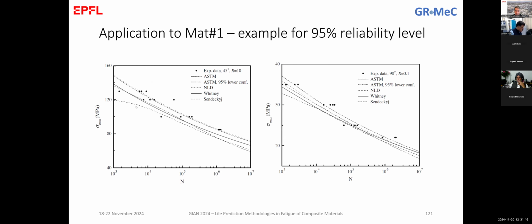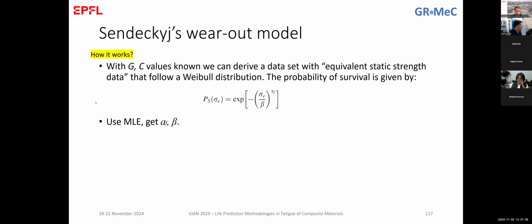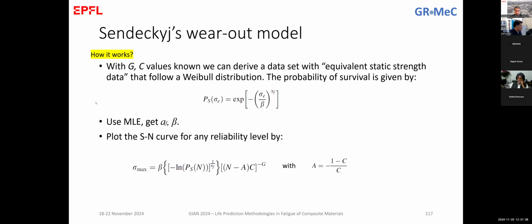I will discuss a bit on this, that Sendeckyj is giving an equation that is not a power law equation, like for example the equation from Whitney or the equation from ASTM, but is giving an equation which is sigmoid. And this, if I go back to the equation itself, it is sigmoid because it has exactly this parameter here, this C.